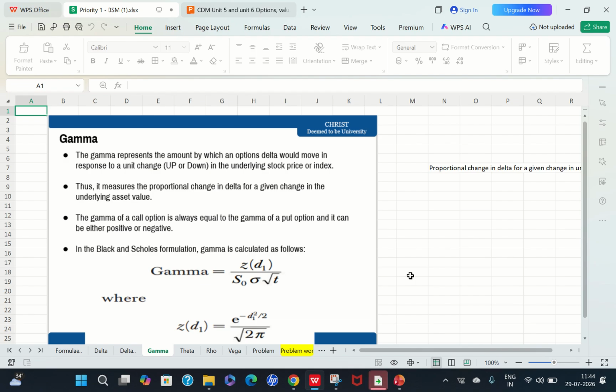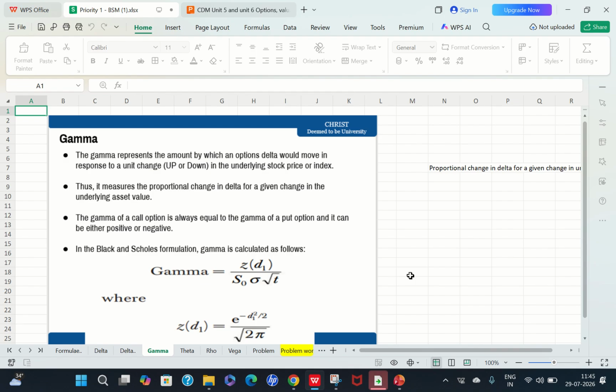Theta stands for time. Whenever there is a lapse of time that has an impact on your option, that is quantified by theta. So delta, gamma, and theta are the three most important components of the Greeks, followed by rho and vega.